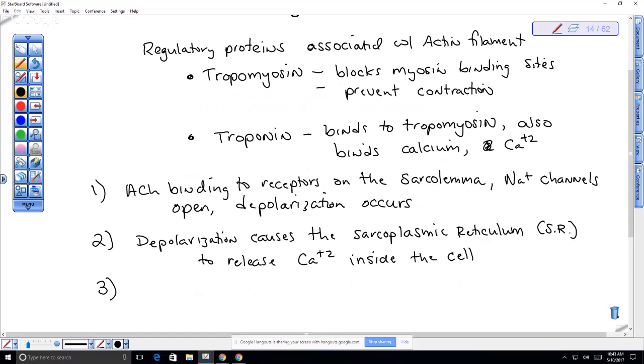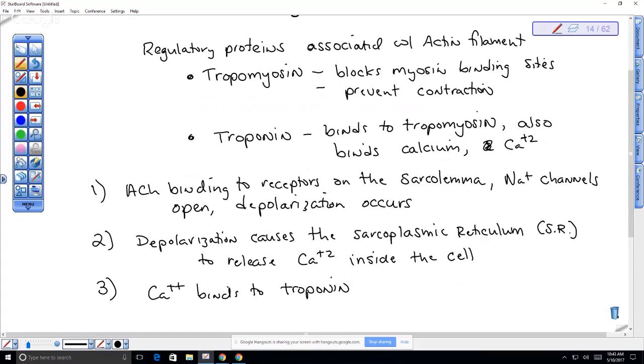Okay. Third thing, calcium binds to troponin. That calcium binding to troponin causes the protein, troponin, to change shape.